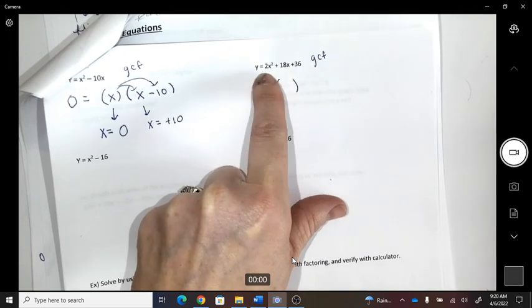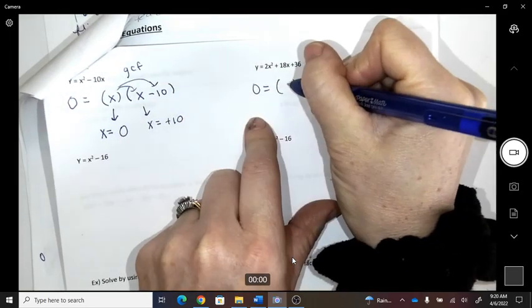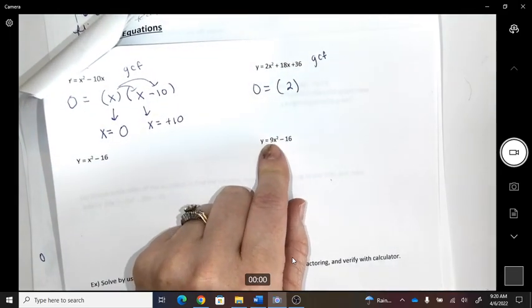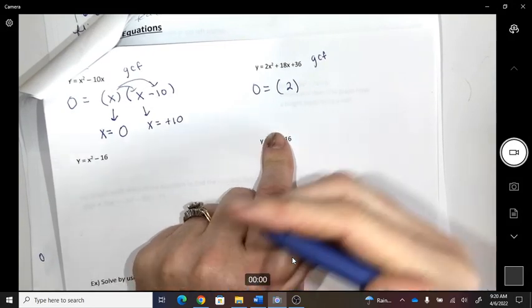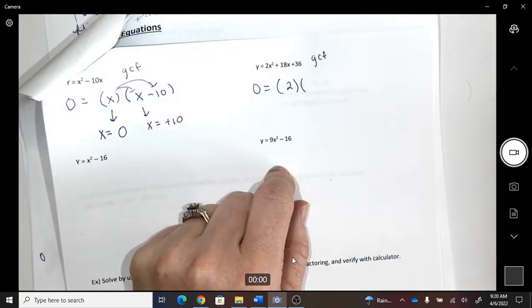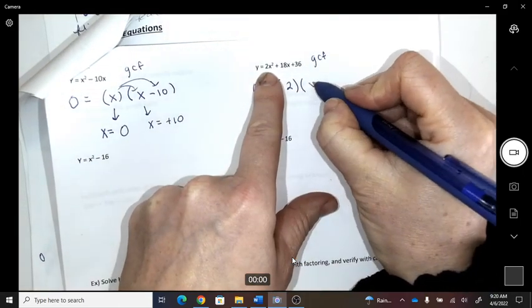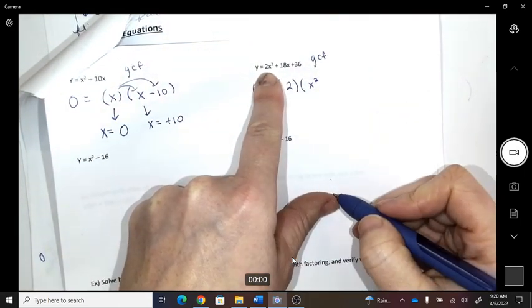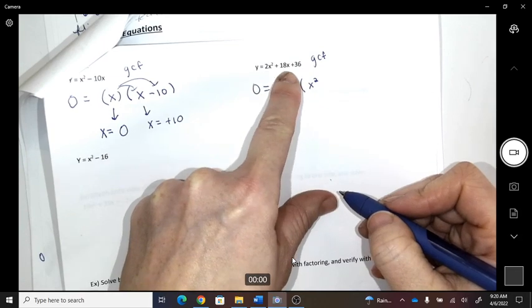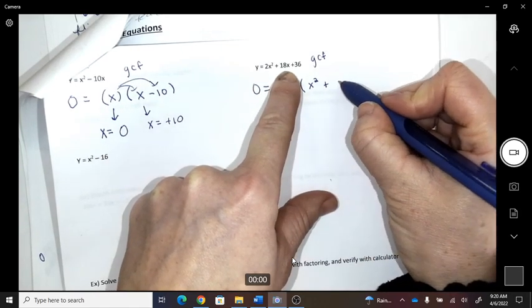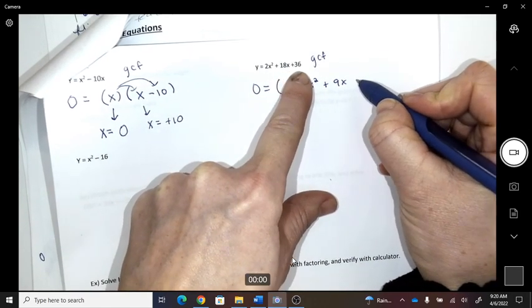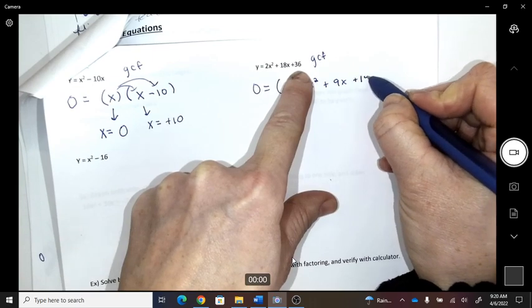They all are divisible by 2. Okay, so if I divide by 2, this is x squared. If I divide by 2, this is 9x. And this is 18.